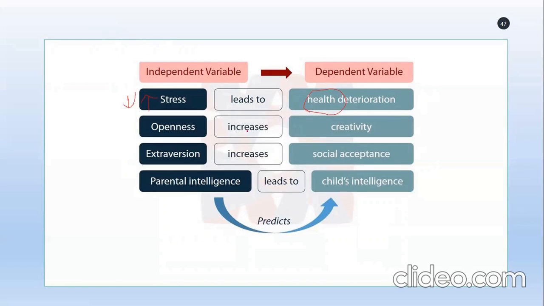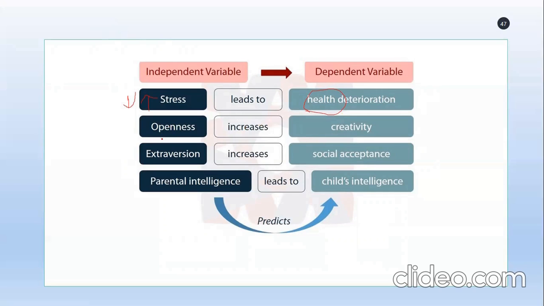Openness and creativity: openness increases creativity. So more openness, more creativity. But if the openness is reduced, it will definitely hamper the creativity. Again, the dependent variable sees the effect, it sees the results. Extraversion increases social acceptance.